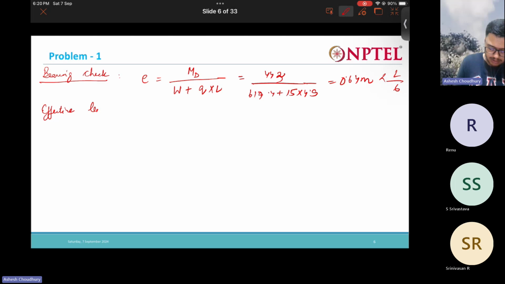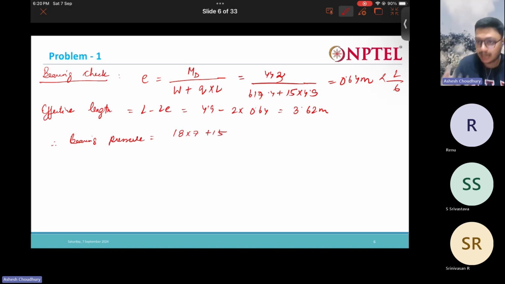So effective length is equal to L minus 2e, that is 4.9 minus 2 into 0.64, which is nothing but 3.62 meter. Therefore the bearing pressure is 18 times 7 plus 15.